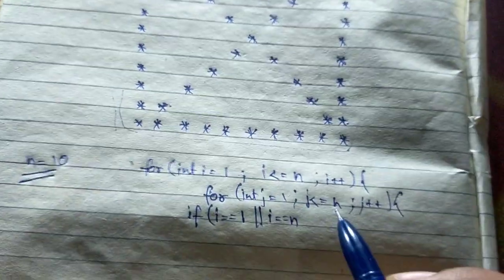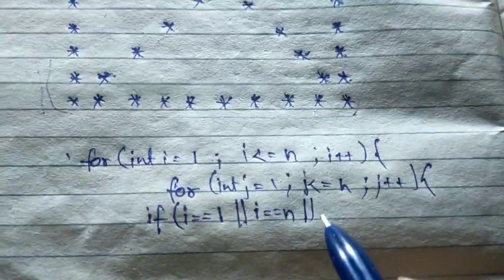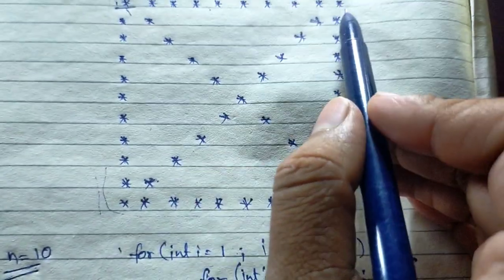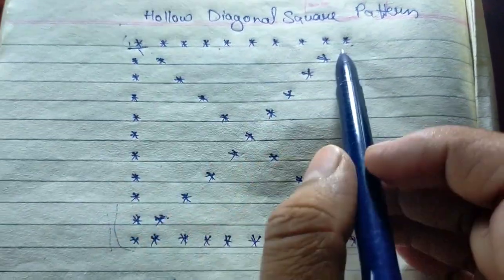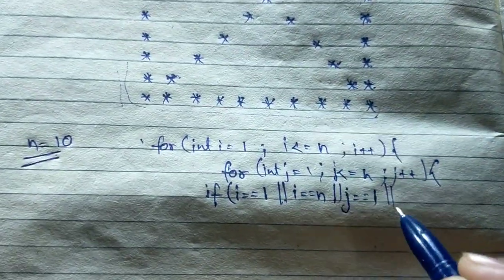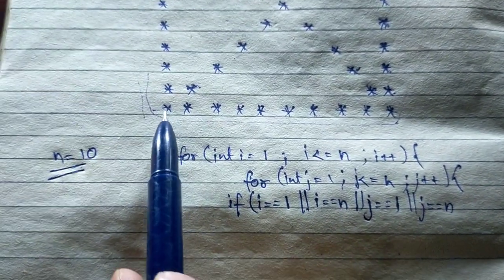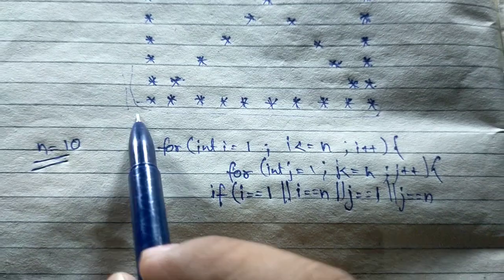After that for columns, if j equals 1, print stars, and if j equals n, the last column, print stars.